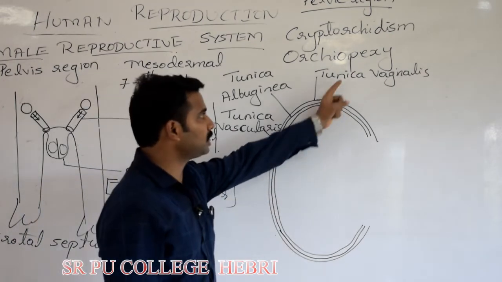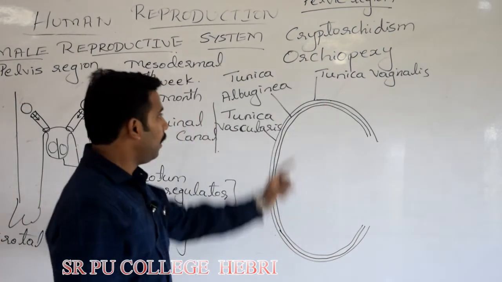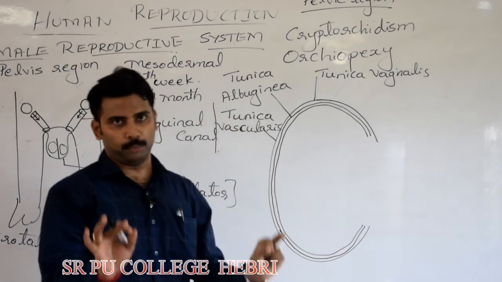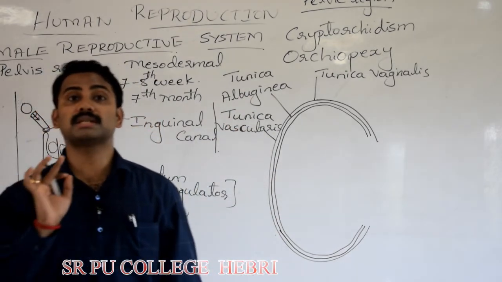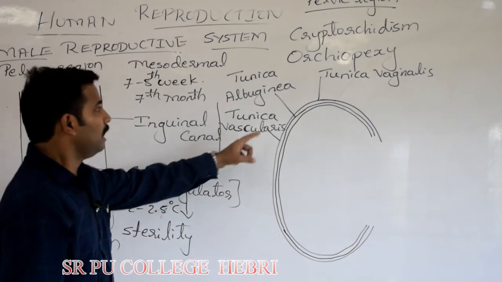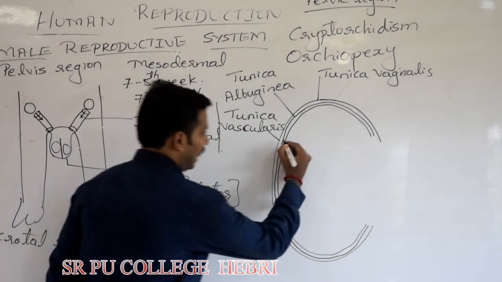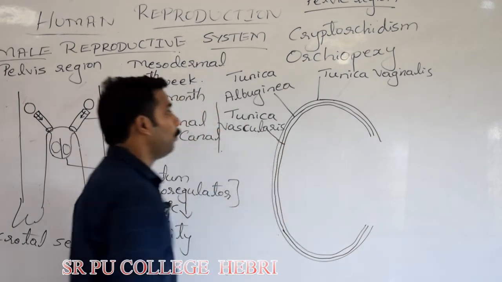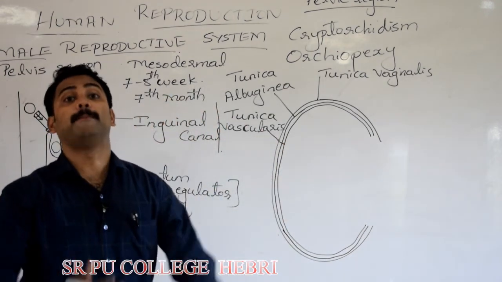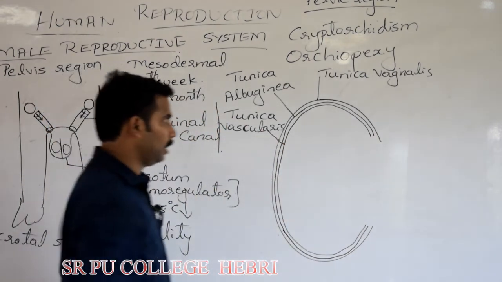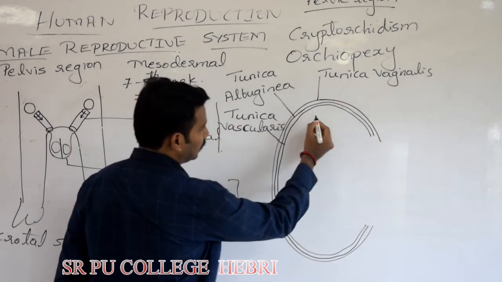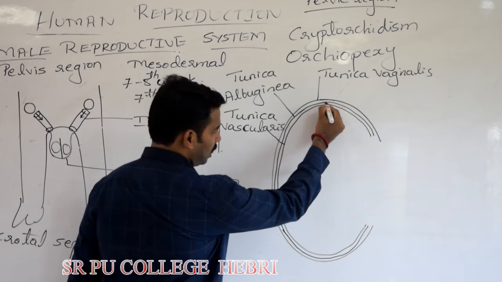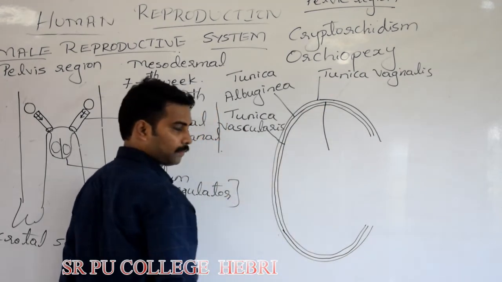The outermost tunica vaginalis, middle tunica albuginea, made up of dense fibrous connective tissue, inner tunica vascularis, rich with blood vessels. Now tell me, which is the middle layer in the wall? The middle layer is tunica albuginea.